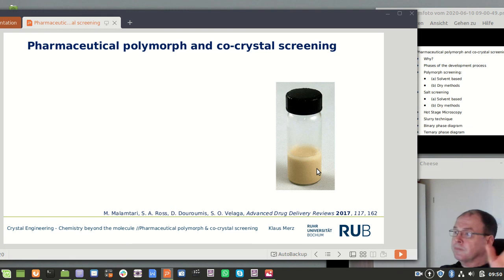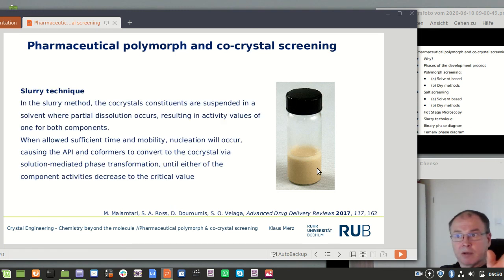Another point we several times talk about is the slurry technique. The compounds are suspended in a solvent, and this is very important. It is suspended, but not totally dissolved. There's a partial dissolution of your compounds, and this partial dissolution may be the reason that nucleation can occur.